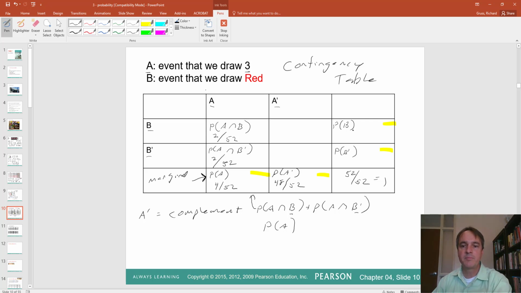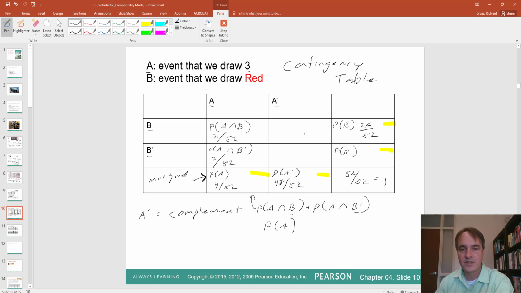Okay, so what is the probability of B then? So the probability of B, the probability that we draw red, we already know that there are 26 cards out of the 52 in the deck. Okay, so if we know this, then we know that these two have to add up to this, right?